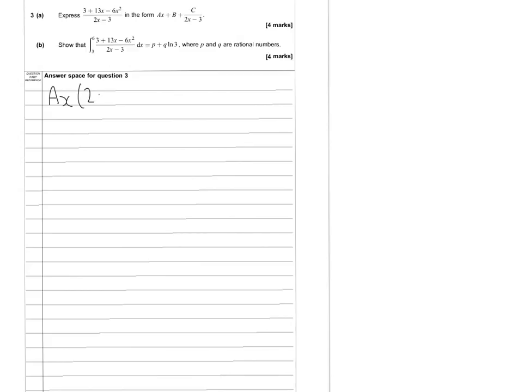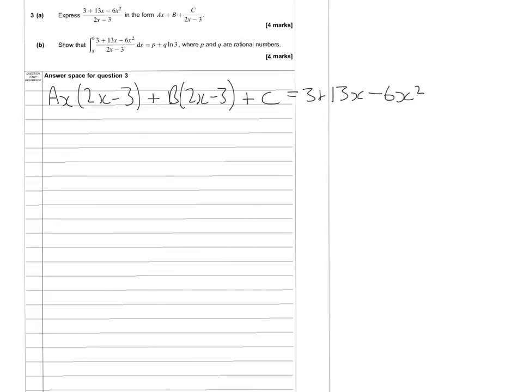Ax in brackets (2x − 3) plus b in brackets (2x − 3) plus c equals 3 + 13x − 6x².